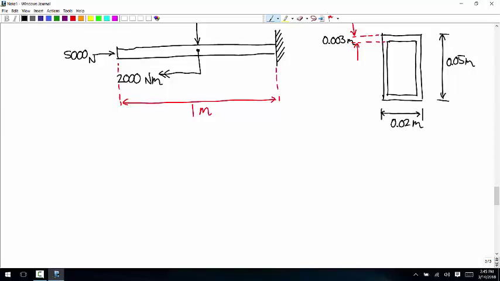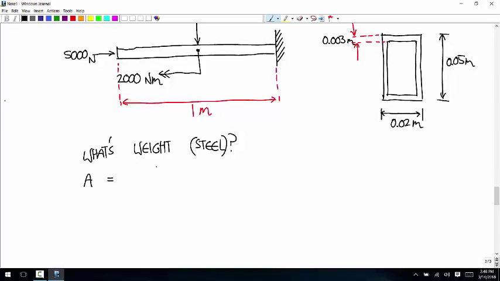Okay. So first, let's think about what the mass of this would be. Or actually, let's think about the weight. So let's say that this is steel. Well, the volume is the length times the area. So what would the area be?